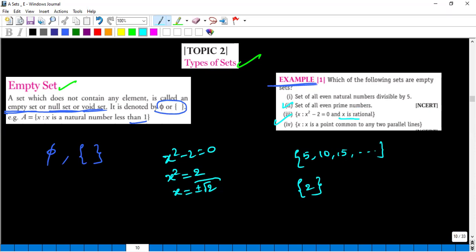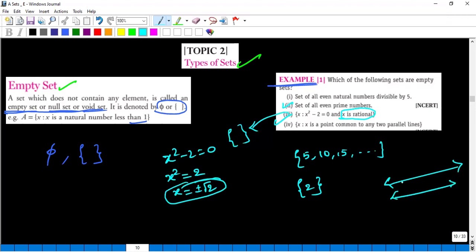They are asking x is a rational number. We got the result as an irrational number. So this particular condition frames an empty set. Question number 4, x such that x is a point common to any two parallel lines. If you take two parallel lines, there will be no common point. So this one also will frame an empty set.